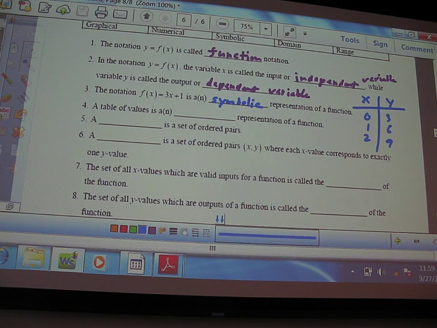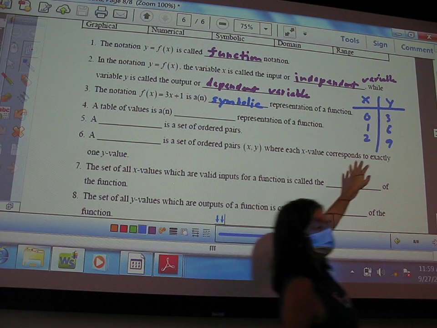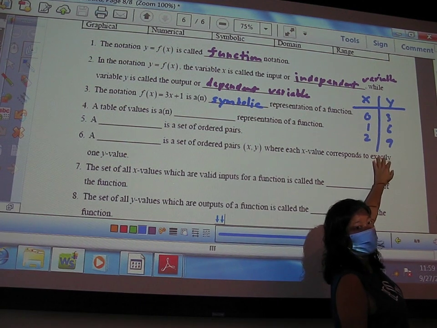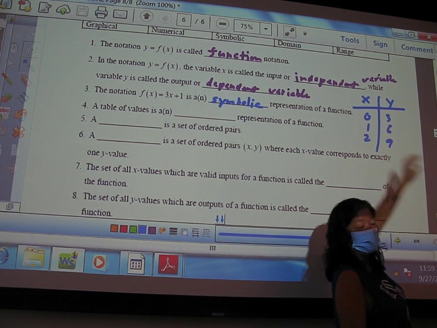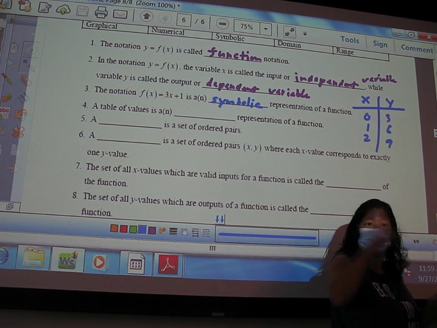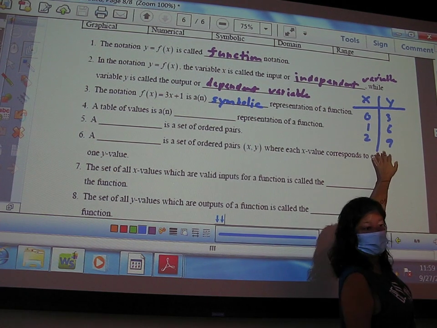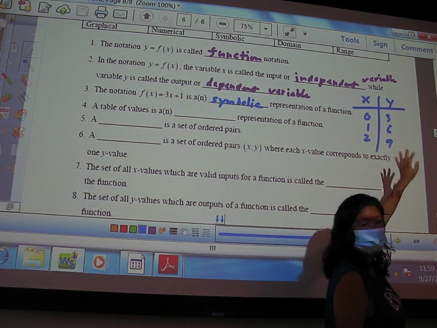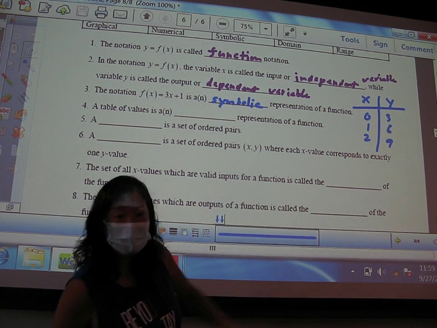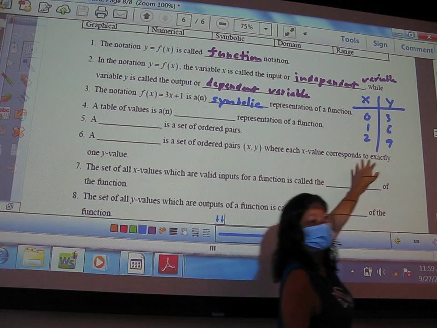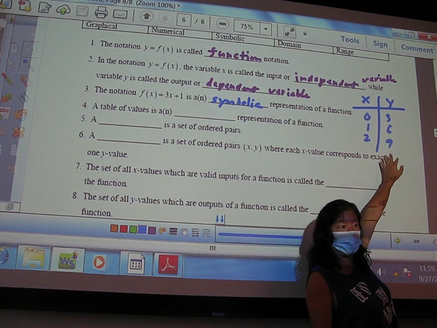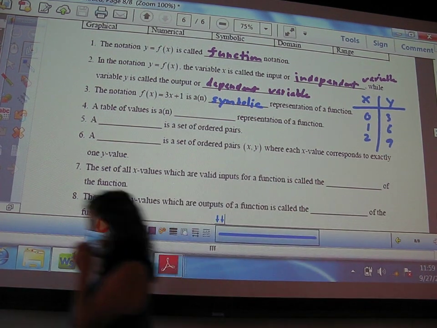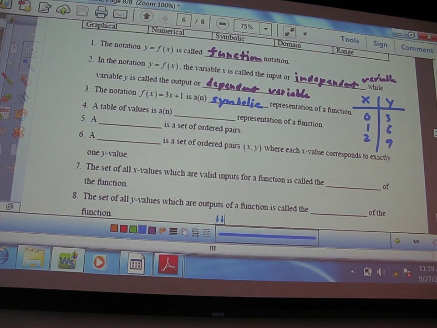Is it verbal? Is this words? Is this a graph, like a picture? Okay. Is it symbols? Are there symbols here? Not really. So what did you say? Numerical. Are these numbers? Yeah. Is everyone kind of on board with that? I know it's hard to commit to. This is numerical.